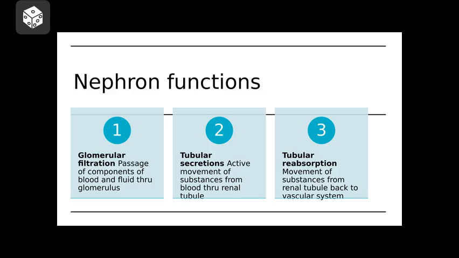So the nephron, your functional unit, does all of these cool things. First thing it does is glomerular filtration. Glomerular filtration is just like it sounds, it's the filter. It is going to filter out stuff that is good and needs to stay in the body. So you might see things like sodium, potassium, pieces of protein that your body wants to keep.